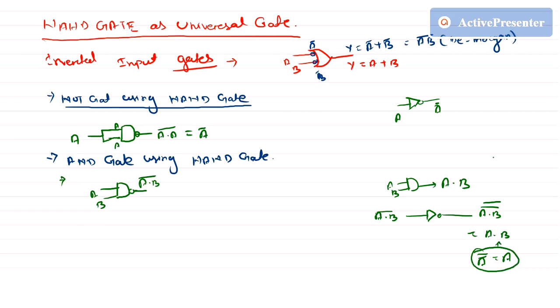If there is a double bar, then it will get cancelled. So if I give an input of A dot B bar to a NOT gate, then according to the NOT gate property, it will invert the input. So it will give another bar to the output, so that there will be two bars and they will cancel each other. You will finally get A dot B.